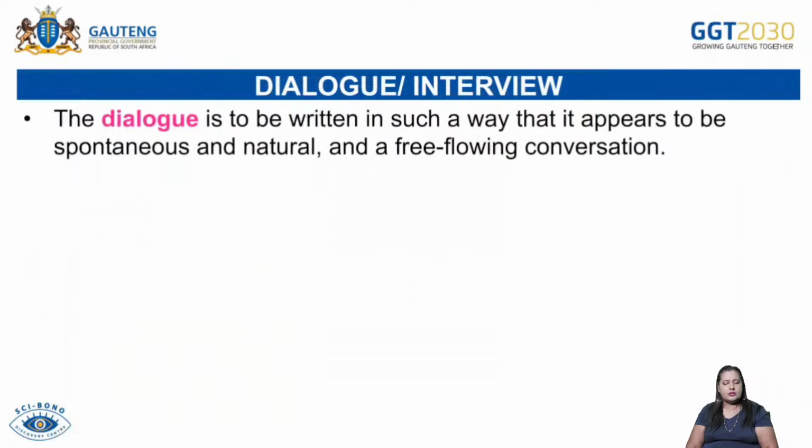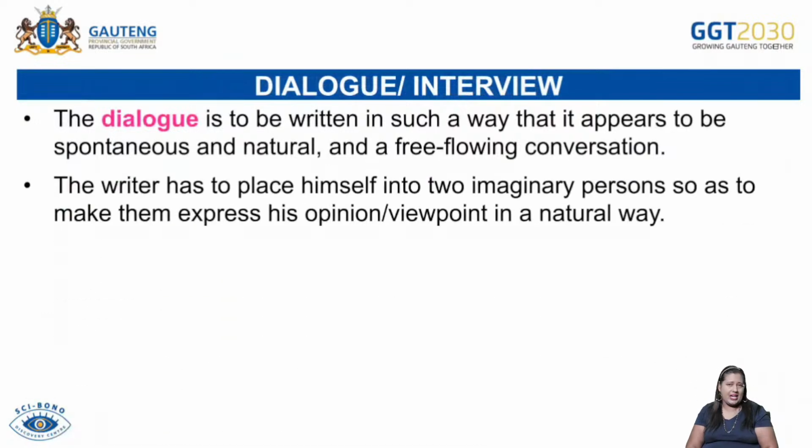Now the dialogue has to be spontaneous. It has to be natural. It must flow as if the conversation is taking place right now. So you have to place yourself in the position of 2 imaginary persons. So if you're thinking of maybe Bingo and someone else having a conversation, for example, that kind of scenario.